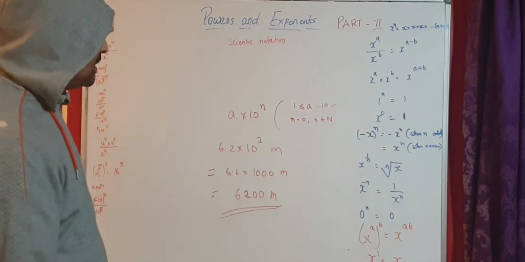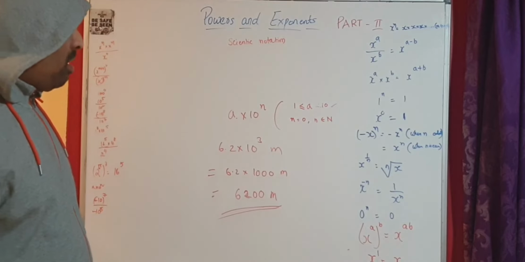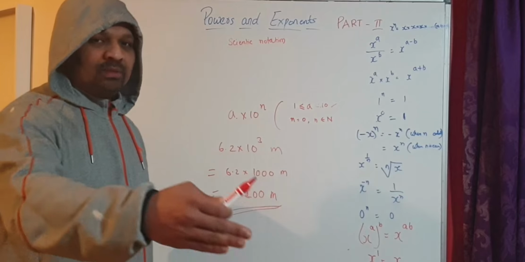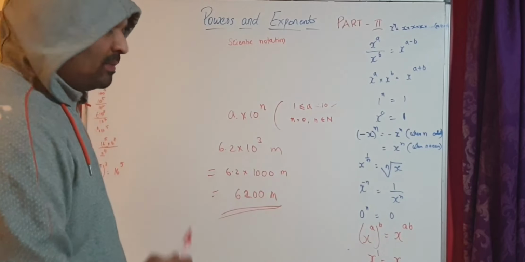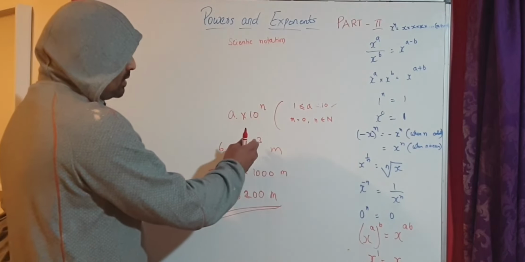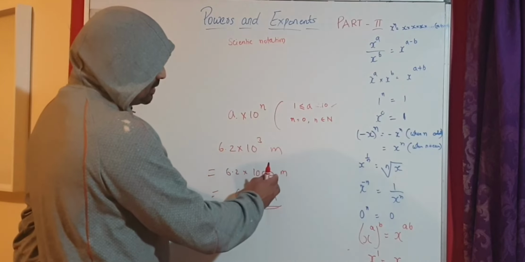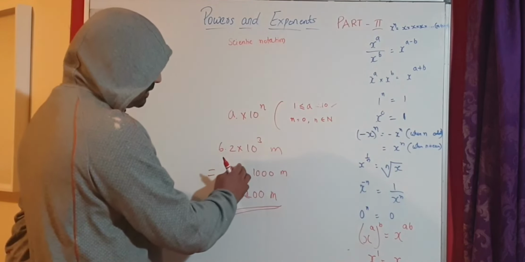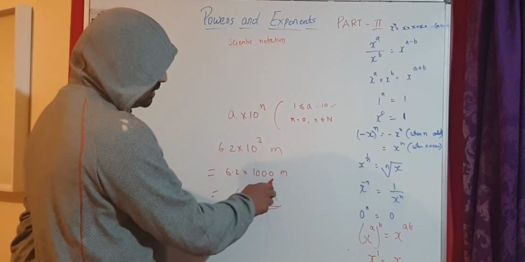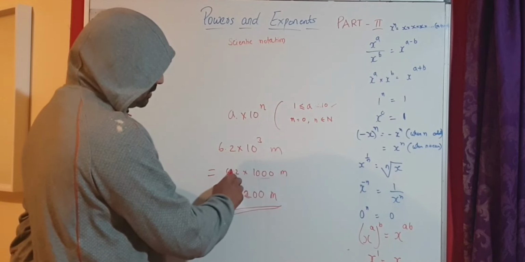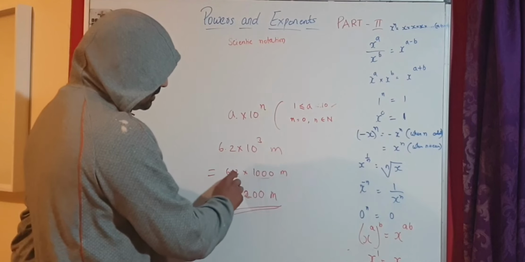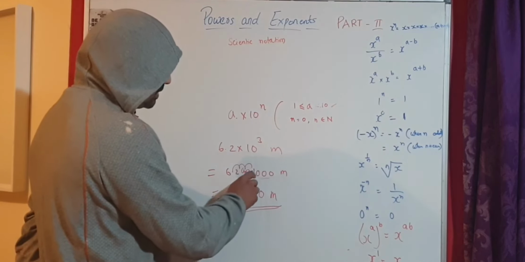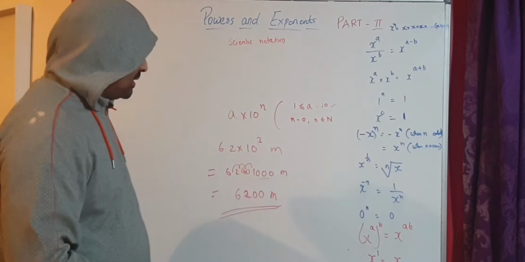If you practice two or three sums, you will get to know how the decimal place is moving to the right or the left. So we are multiplying with 1000. That's a positive 1000, so it's moving to the right. It's moved 3 places, because we have 3 zeros here. Earlier it was here; I put 0 here, 0 here, so I left this one place here.